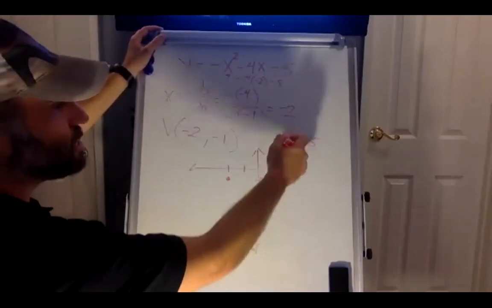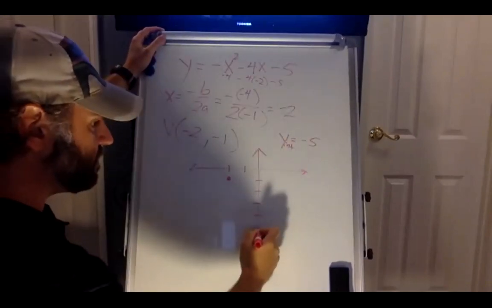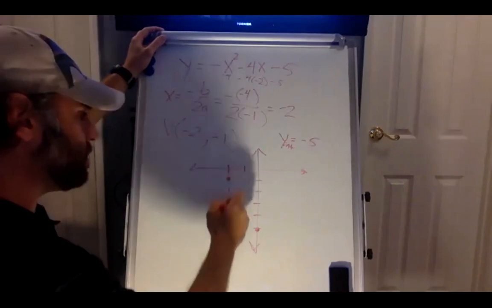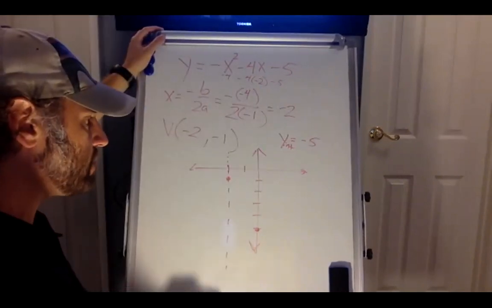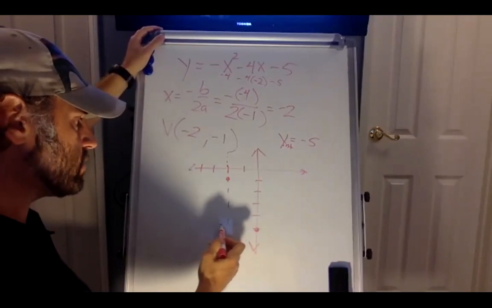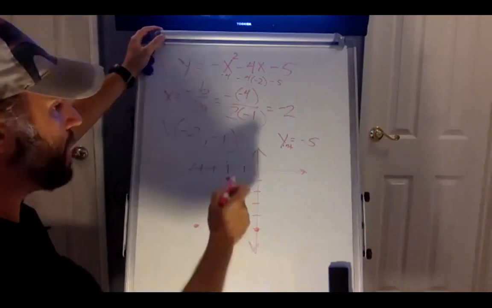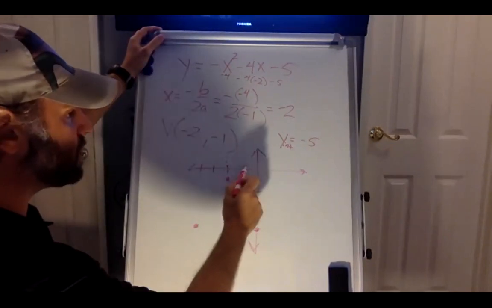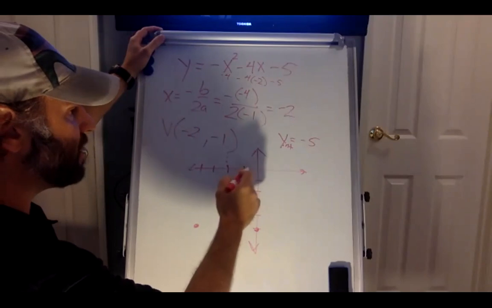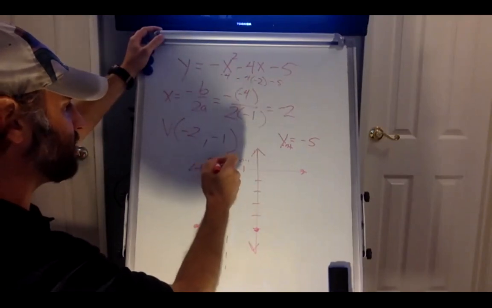Okay. So here's your y-intercept, negative 5, because that's the c. So I can do that, and my axis of symmetry goes through the vertex vertically like that. And because this is 2 that way, then I can come 2 this way. Now, what about 1 away to the right? If it's 1 away to the right, then where is that? That's at x is negative 1 and at x is negative 3.